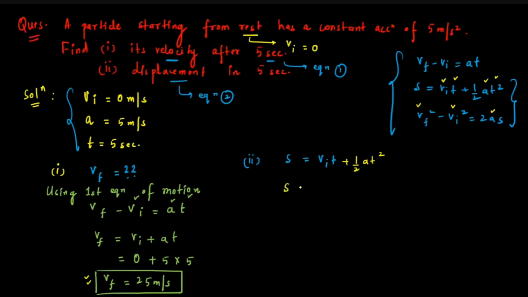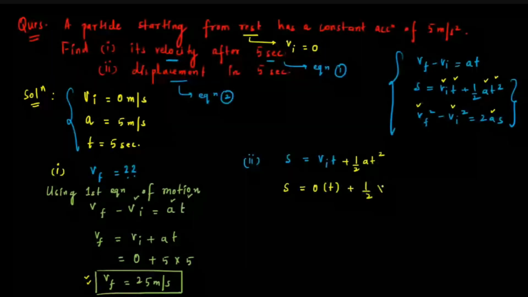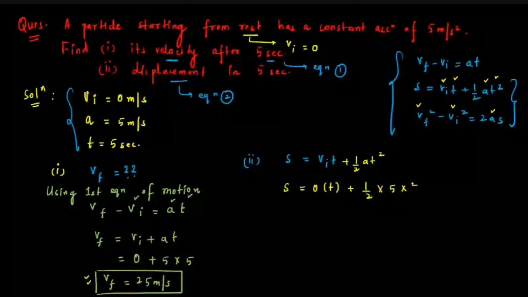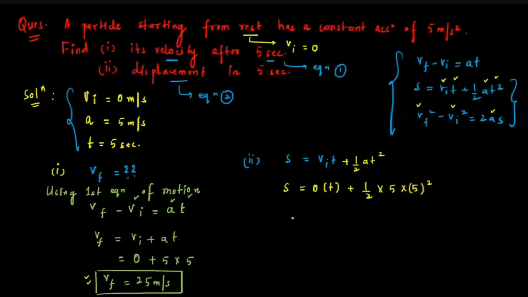So displacement is V initial times t, where V initial is 0, so 0 times t will be 0. We don't need to think much about it. Acceleration is 5, time is 5, so 5 squared is 25. So tell me the final answer.